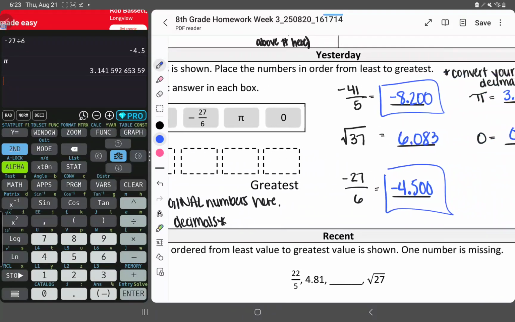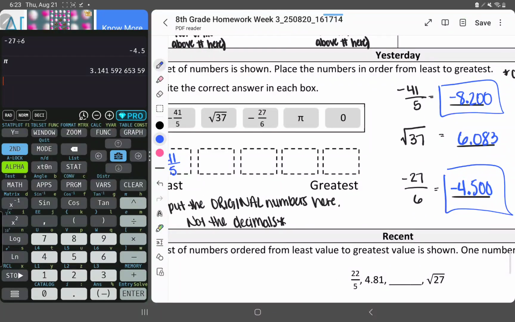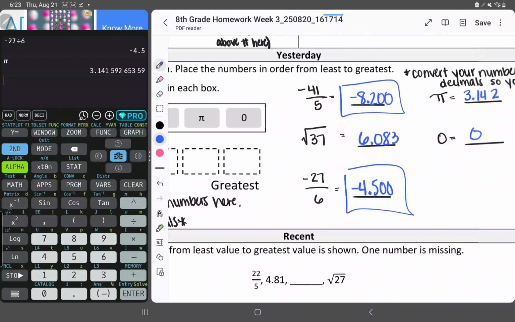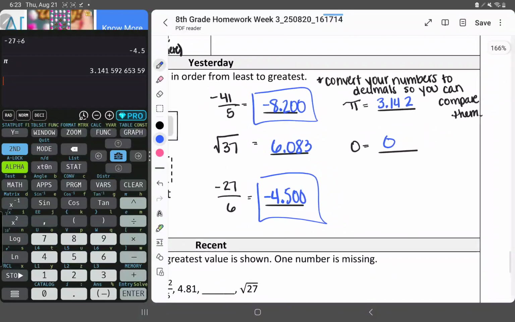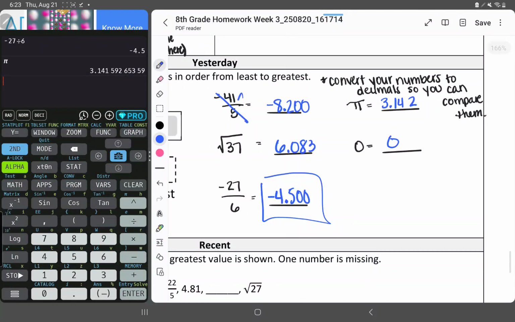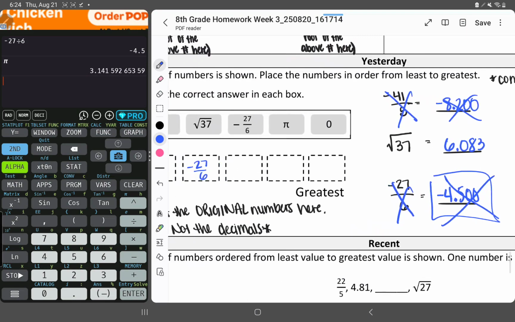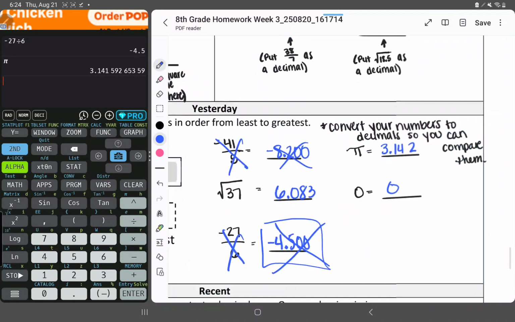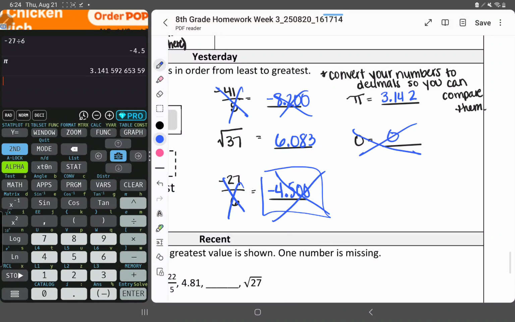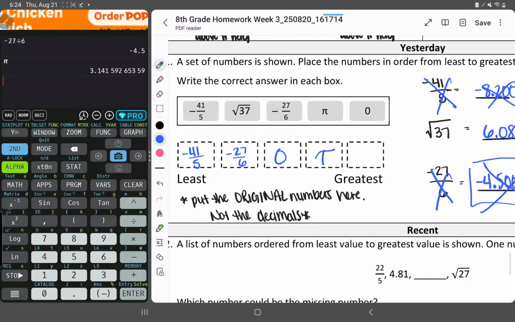And then after that is going to come the other negative number, which is negative 4.5, which is negative 27 over 6. After that, we're going to X these out, and we're left with the other numbers. What comes next? 0 would come next, because 0 is less than 3 and it's less than 6. And then after that, what would come next? That would be the 3.142, so that's pi. And then that leaves us with the square root of 37 as our greatest.